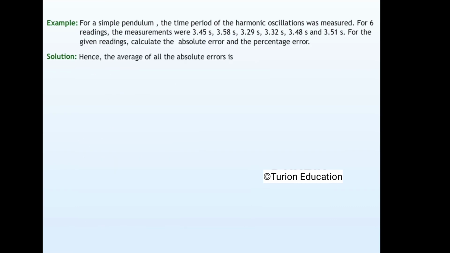Hence, the average of all the absolute errors is E absolute average equals (0.02 plus 0.15 plus 0.11 plus 0.05 plus 0.14 plus 0.08) by 6 seconds, which equals 0.55 by 6 seconds, equals 0.091 seconds.